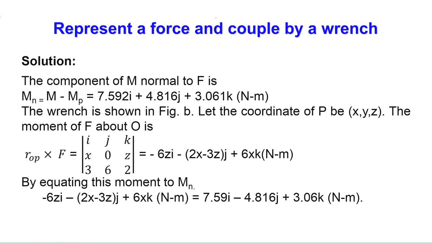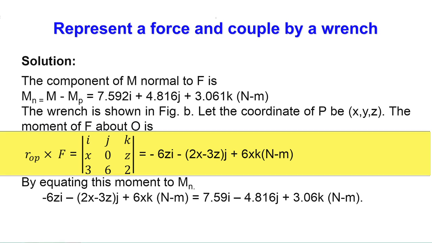We have to find such a point where this F should be applied, x, y, z we take, and in the xz plane if we take, that is x 0 z, if we apply, then the moment vector r_OP from origin, r_OP cross F, if we find out, then we will get this expression.